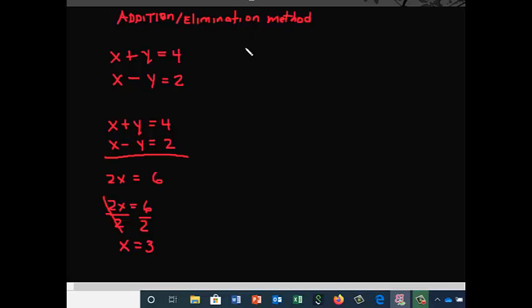And when we do that, we say that 3 plus y is equal to 4. And then we take negative 3 here and negative 3 there. And so y is equal to 1. Here we have our solution, which is the ordered pair 3 and 1 again.